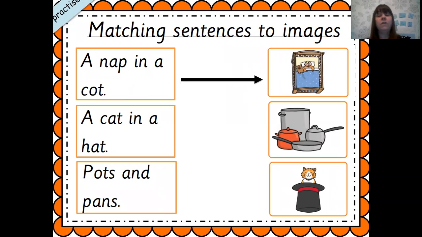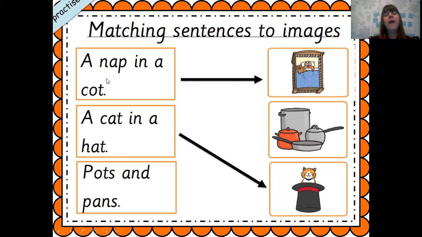Hopefully you've already gone through this before I've finished, because I always want you to beat me. Now we know it's an A again. It's a capital A. We don't need to think about that again. A cat in a hat. A cat in a hat. I can see a cat in a hat.